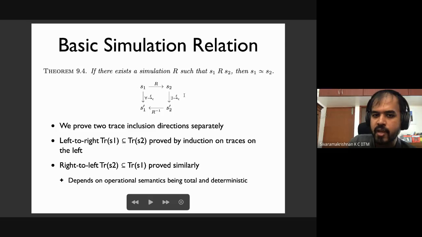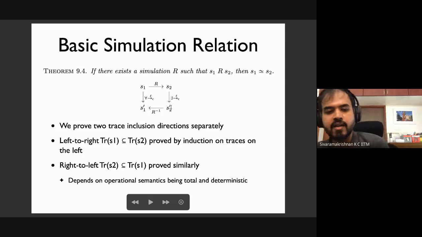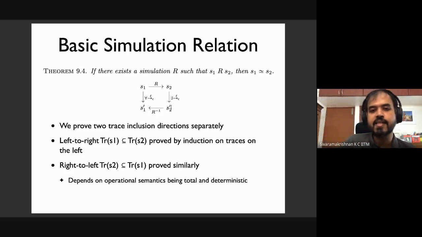But the right to left proof is going to be a little bit tricky in the sense that I'm going to depend on two properties. I'm going to depend on the fact that our operational semantics is in fact total, by which I mean every configuration, every state where the command is not a skip, can take a step, right?